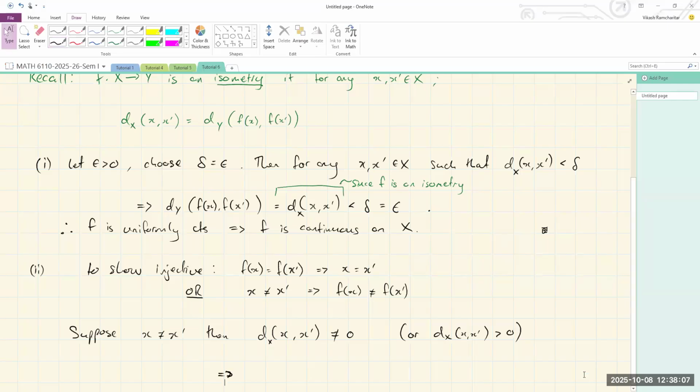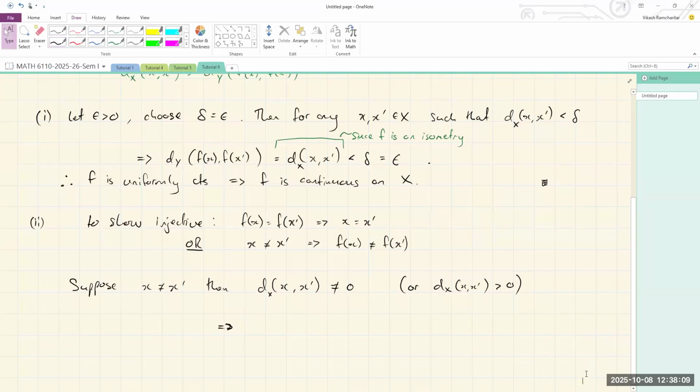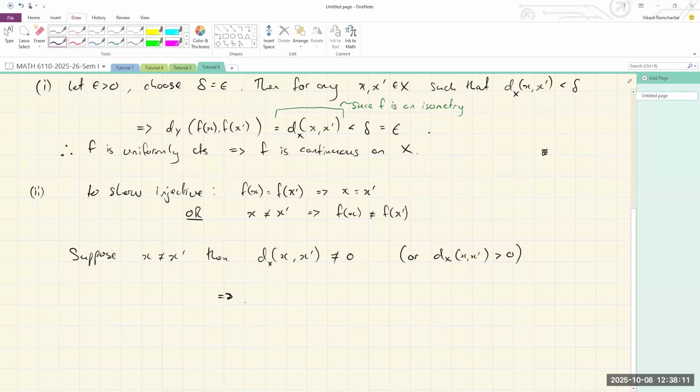But we know f is an isometry, so the distance of the images of these points, f of x and f of x prime in Y, is equal to the distance between x and x prime. So this is equal to this one, and I know that this one is not equal to 0.